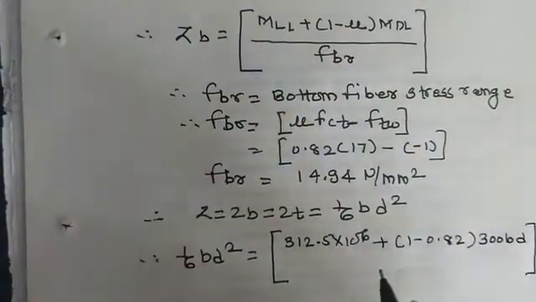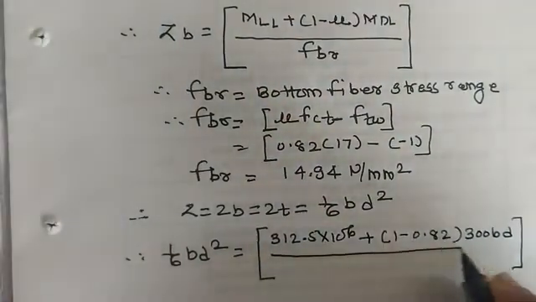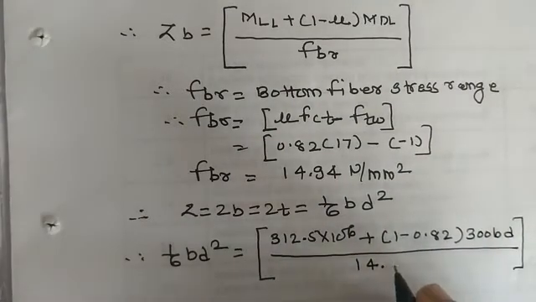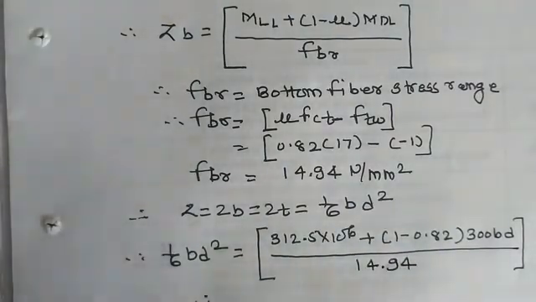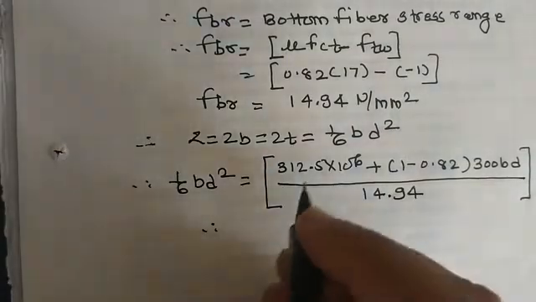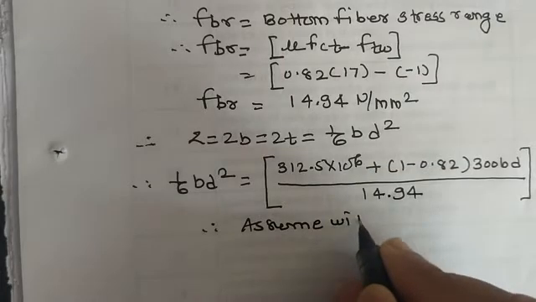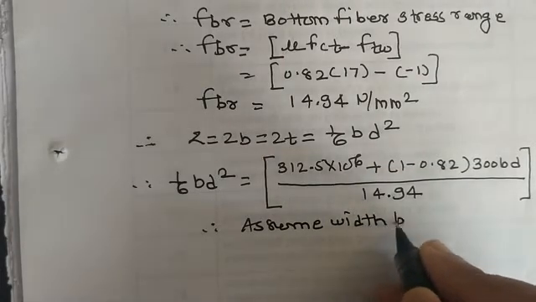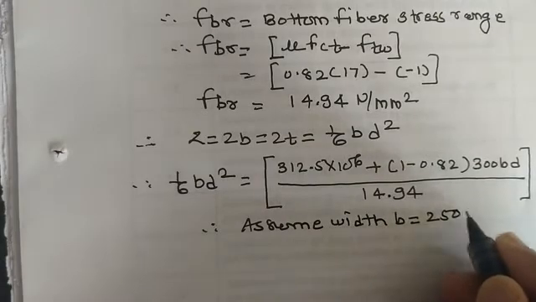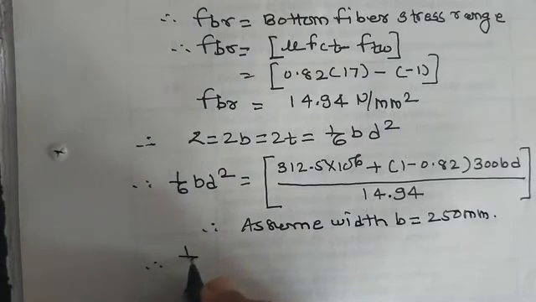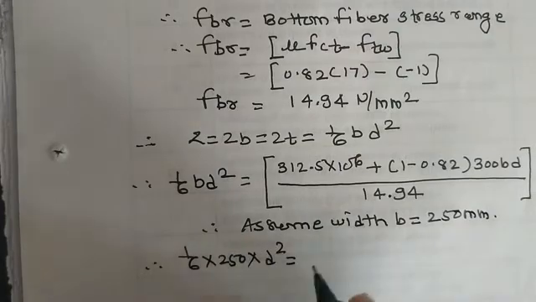It is in form of BD because B and D are unknown, and FBR is 14.94. In this condition you have to assume the width of beam is 250 mm. So you have to put the 250 mm in this formula. You have to find out now only depth.